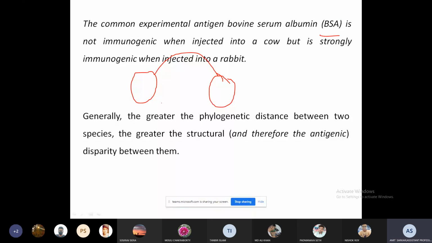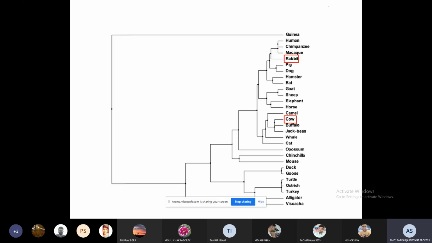Nothing will happen. But if you take this BSA and put it into a rabbit, then the rabbit's immune system will definitely recognize it as foreign. So it depends. Generally you can say it depends on phylogenetic distance, meaning what type of animals we're talking about. There's a small example. You can see this is called a phylogenetic tree. We are here, close to the chimpanzee group.